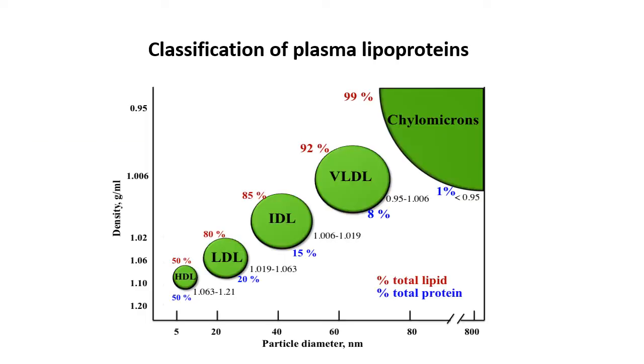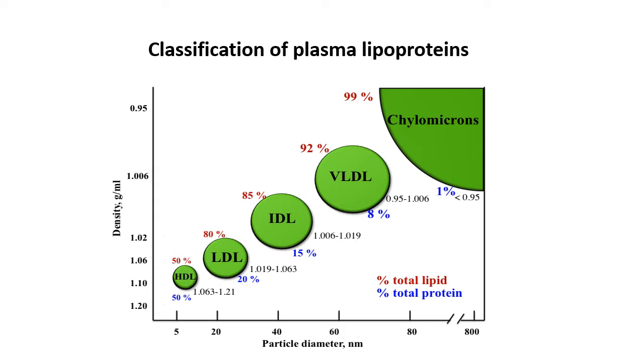Lipoproteins are classified based on their density, ranging from high-density lipoproteins, HDLs, low-density lipoproteins, LDLs, intermediate-density lipoproteins, IDLs, very low-density lipoproteins, VLDLs, and chylomicrons. Lipoprotein size is inversely related to their density.